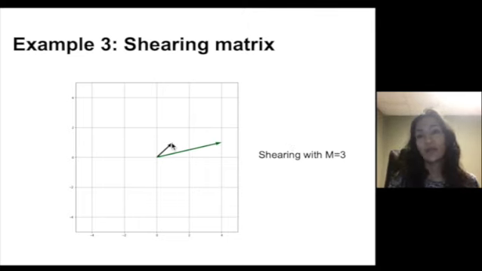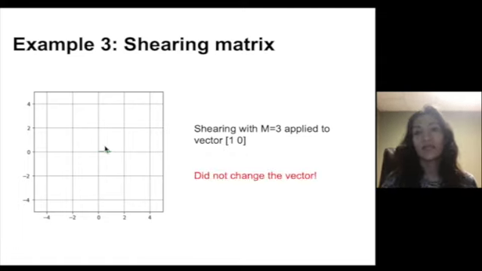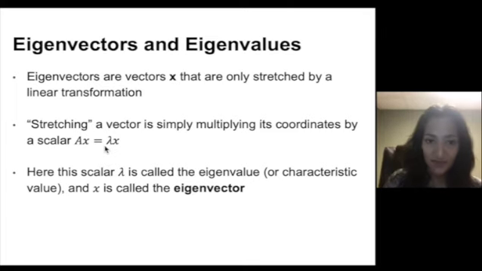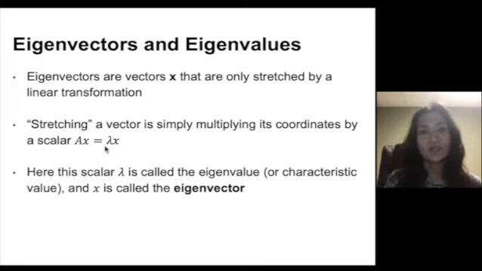If, on the other hand, you apply this matrix to (1, 0), what happens? It leaves the vector unchanged. That is an example of an eigenvector. Eigenvectors are vectors that are only stretched and not rotated by a linear transformation. Stretching a vector is equivalent to simply multiplying its coordinates by a scalar, as you saw in the example of the stretching matrix.